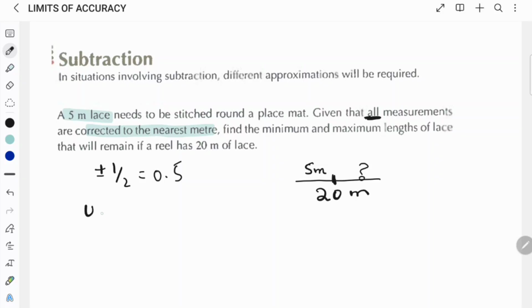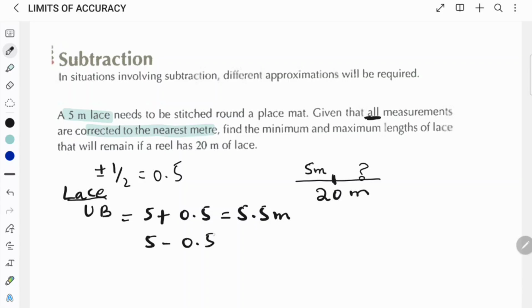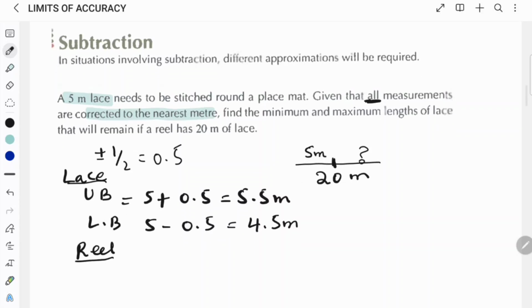The upper bound for the lace, which is 5 meters: 5 plus 0.5 is 5.5 meters, and 5 minus 0.5 is 4.5 meters, which is the lower bound. And the whole reel of 20 meters is also corrected to the nearest meter.